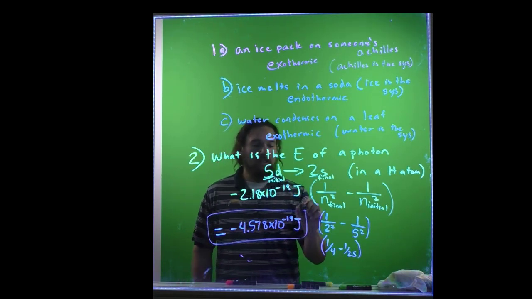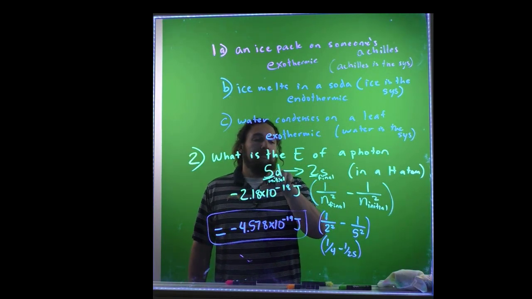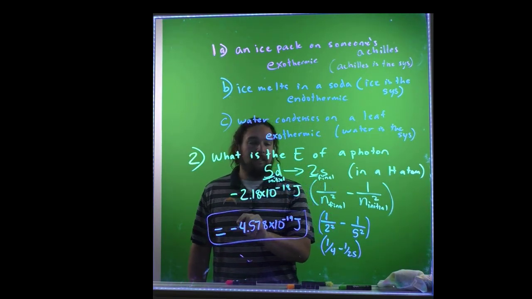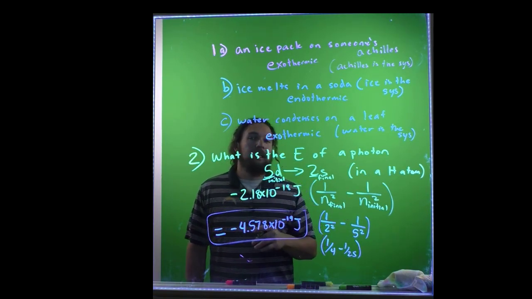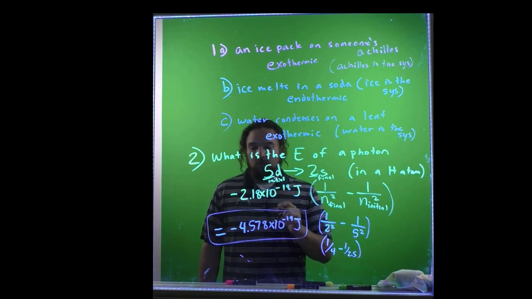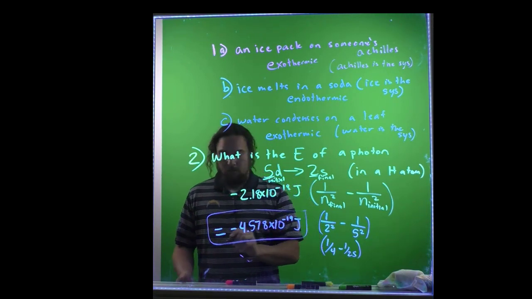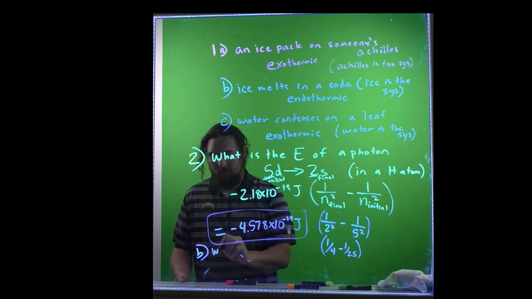So what this tells us is when that electron relaxes from a 5d orbital down to a 2s orbital, this negative sign tells us that it releases energy in a photon of light. So part A of this question was, what is the energy of that photon of light? This negative value just tells us that that energy is released, and this is the amount of energy associated with it. For part B, it asks, what is the frequency?